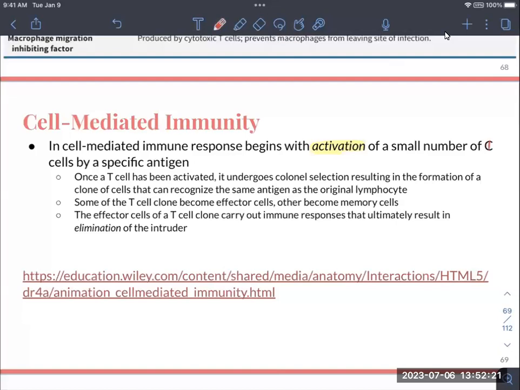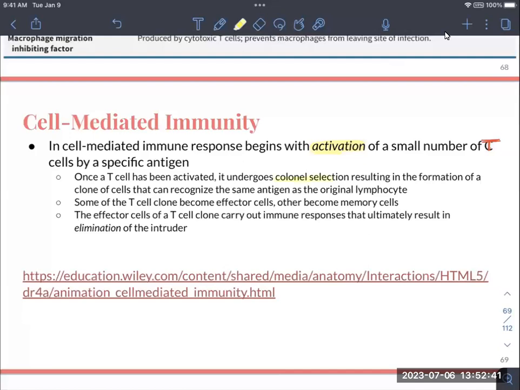So we need a small number of T cells with this specific antigen. Once these T cells have been activated, because they usually sit inactivated until something comes along that they can work with, they come through and become activated.